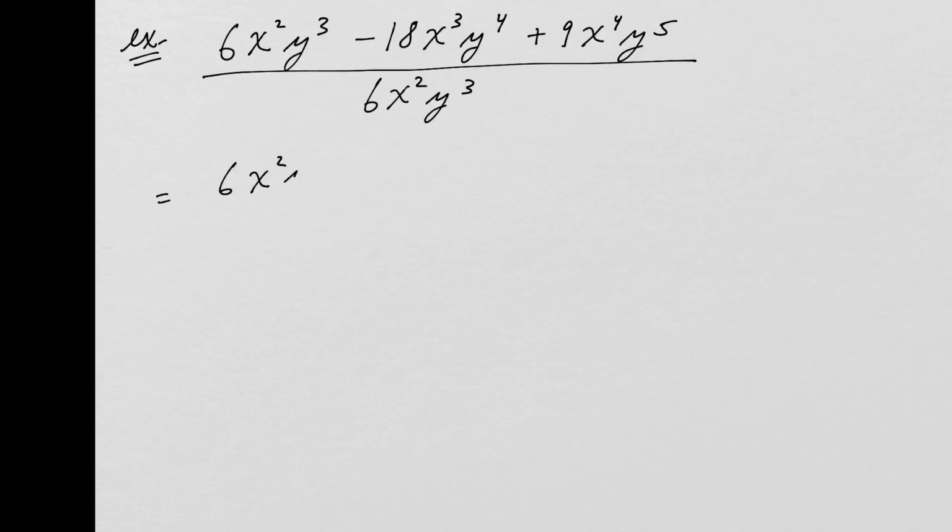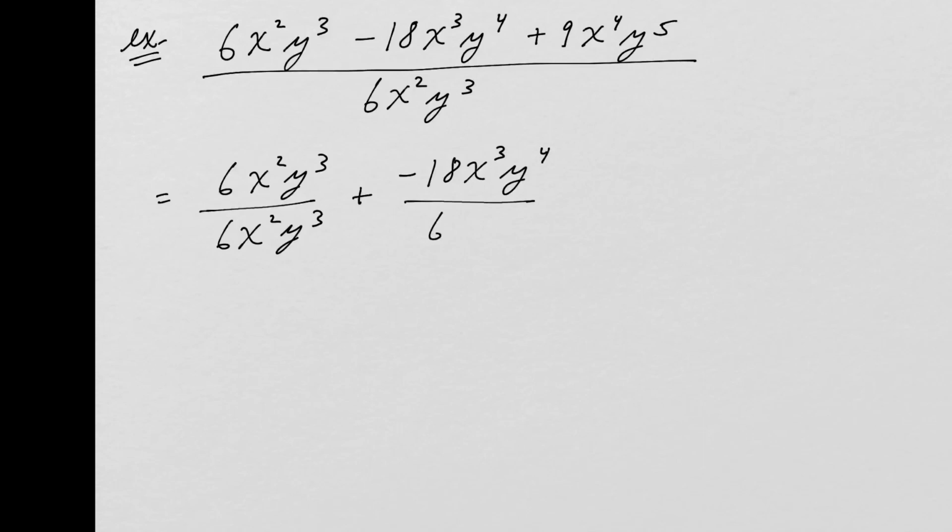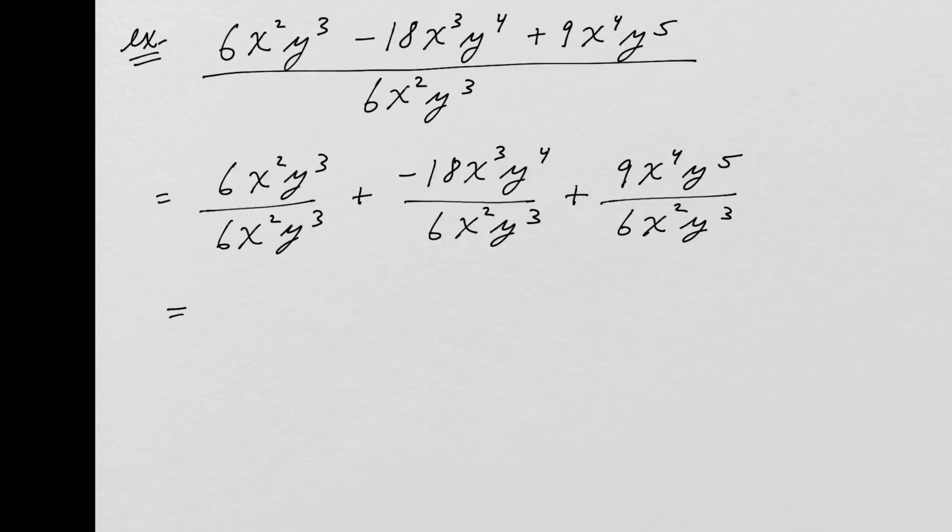So it's 6x squared y to the third divided by 6x squared y to the third, plus negative 18x cubed y to the fourth over 6x squared y cubed, plus 9x to the fourth y to the fifth over 6x squared y cubed.